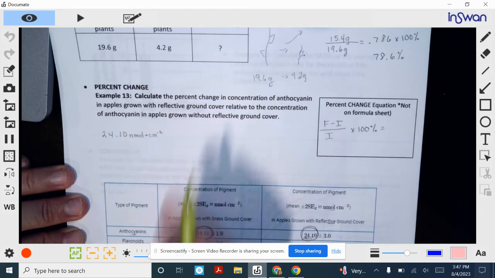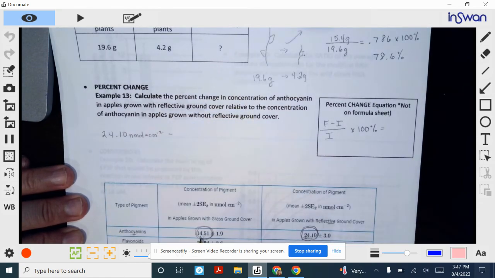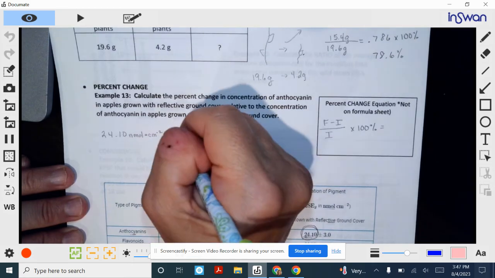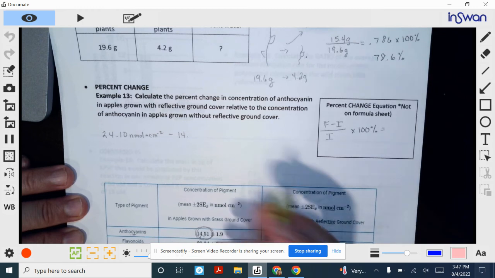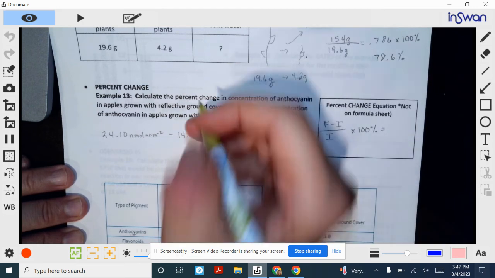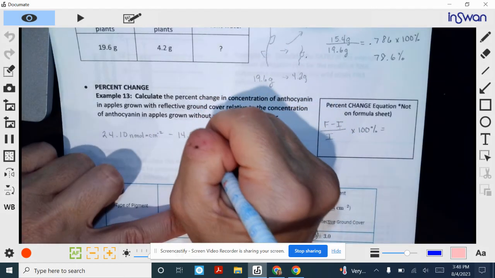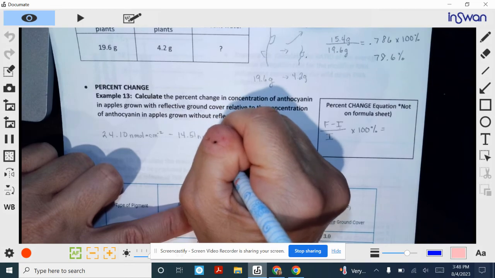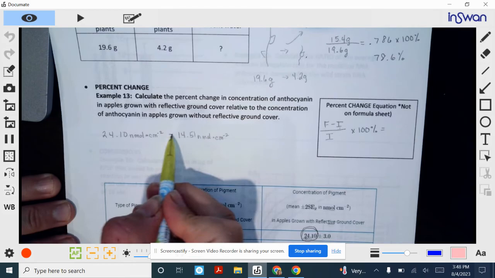Centimeters, negative squared. Okay. All right. And then my other number was this one. So this one's my initial number. So it used to be this, and now it's up to this. So this is the initial, and now this is the final. Okay. So my initial is 14.51. Same units, animals per centimeter to the negative 2. Okay. All right.